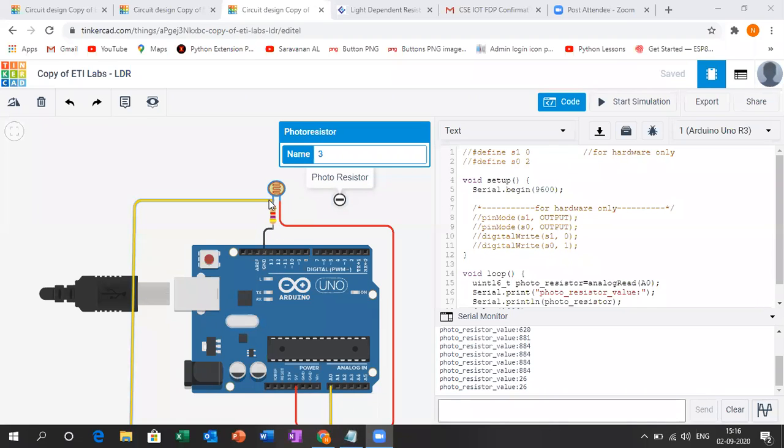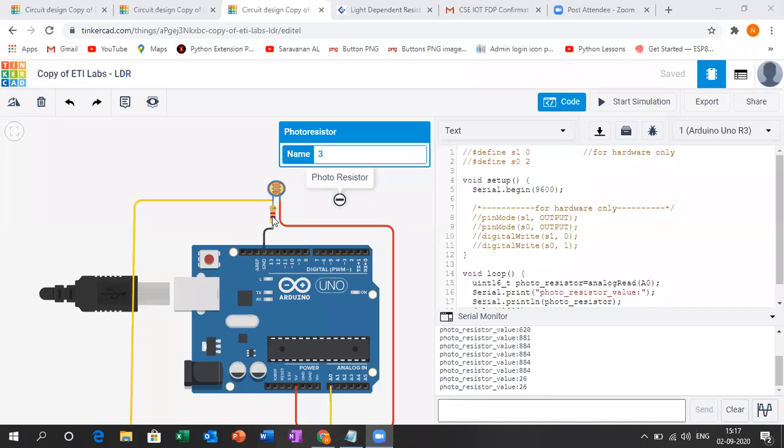The third connection is that I take the analog output from between terminal 1 and the resistor to the analog pin of the Arduino. As you can see, A0 of the Arduino is connected to this point.